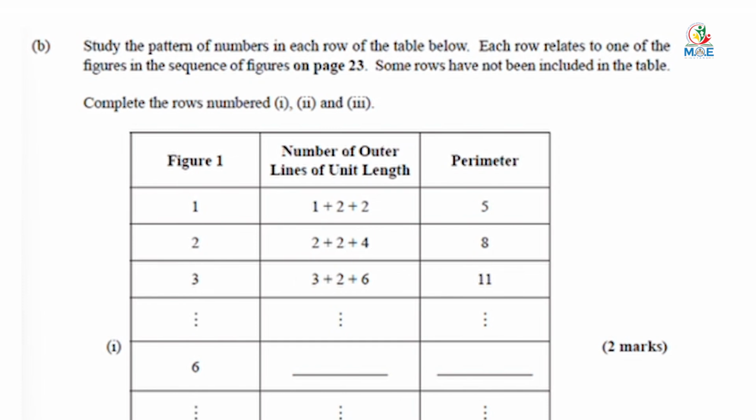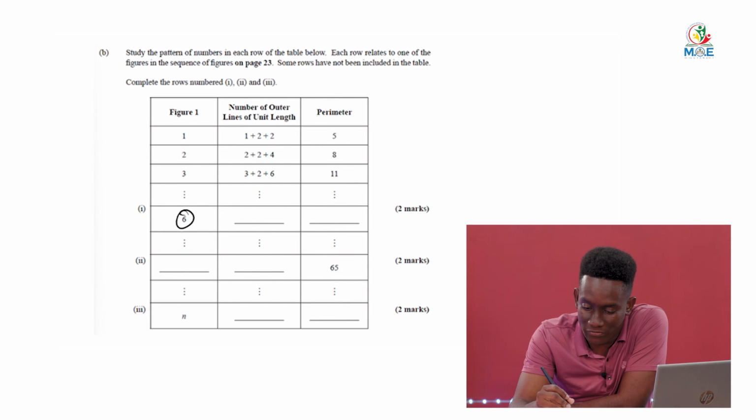And for 3, we have the same 3 plus 2 again plus 6. When we add up all that, we get 11. So we see we put whatever number is here back here, and then we're always adding 2. And we're multiplying this here by 2. 3 times 2, you get 6. 2 times 2, you get 4. 1 times 2, you get 2.